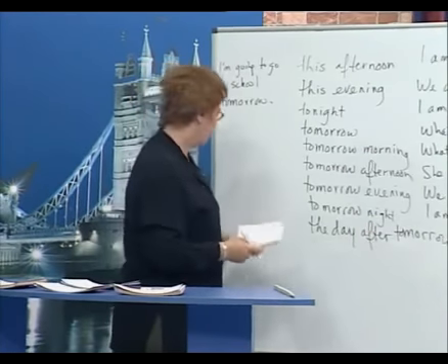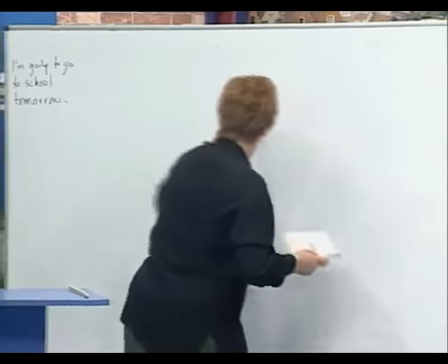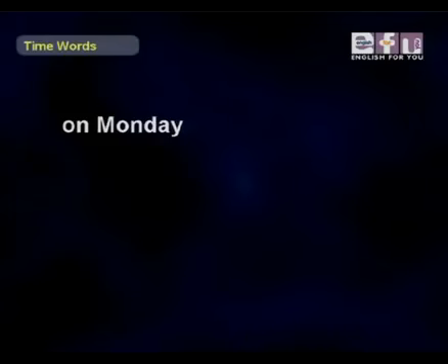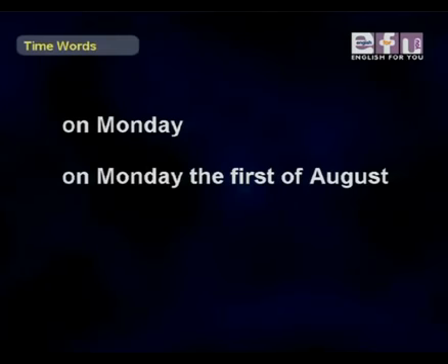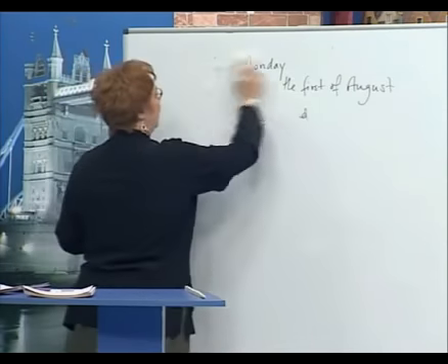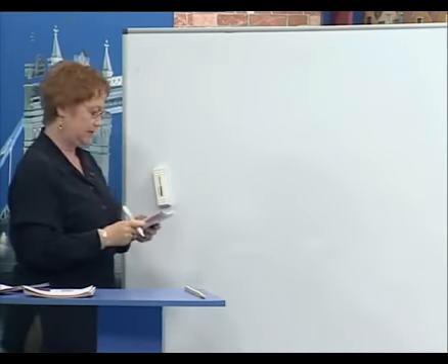All right, so let me make some more room here and I'll show you the difference. First we'll look at some examples of days. For example, on Monday, the 1st of August, and on the weekend. Now, let's talk about weeks, months, and years.